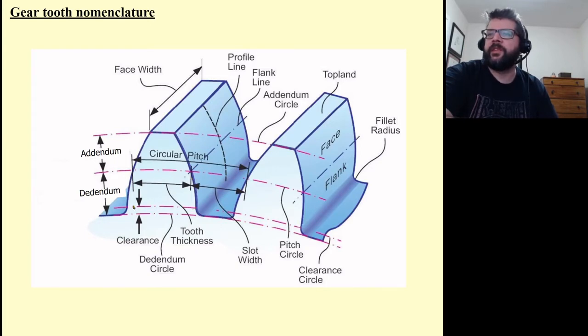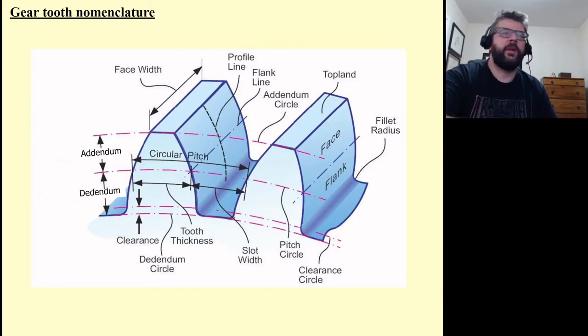We've got this clearance here at the bottom. You'll notice that that's the gap between where we have the start of the involute profile and the very bottom, because the involute, this line here, is the involute profile, and then it stops being an involute and moves on over to the other tooth.